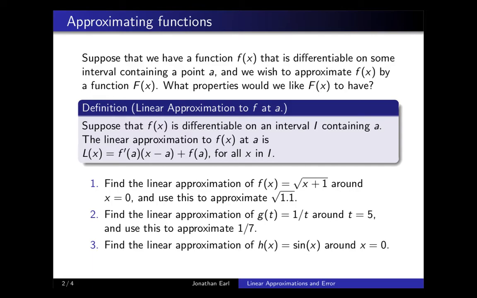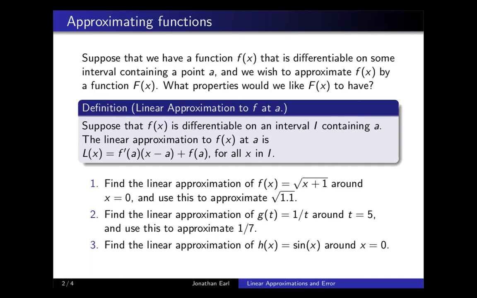So we said that the tangent line has both of those properties. It evaluates to the same thing as the function at the point in question, and the tangent line has the same slope as the function at the point A, and so that's going to give us what's called the linear approximation to f of x at a point A.